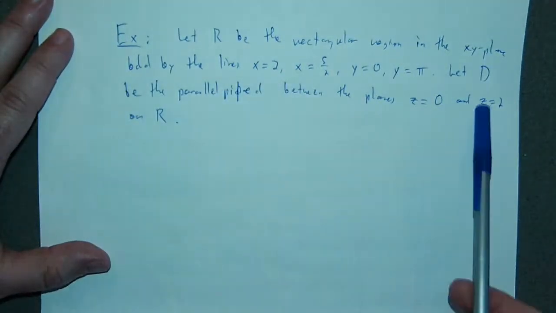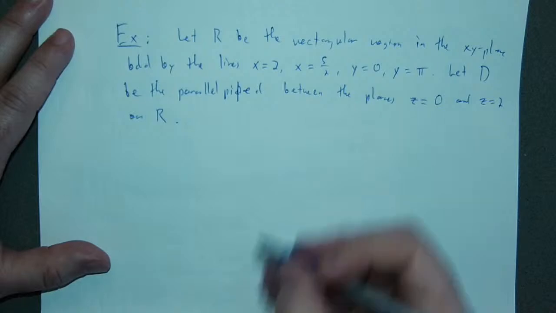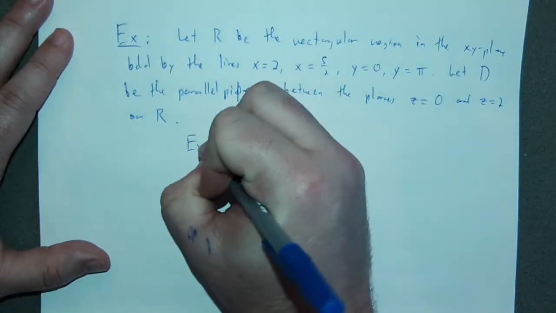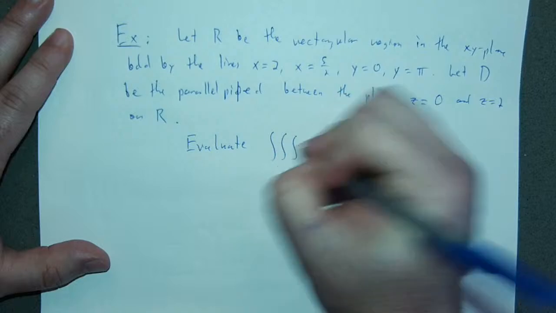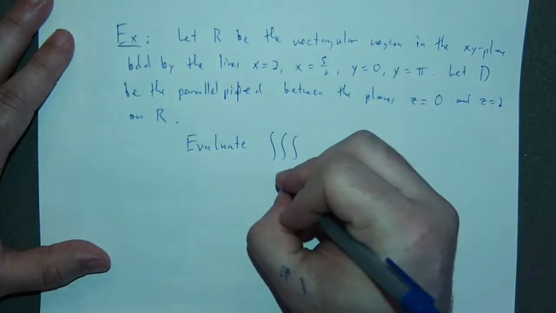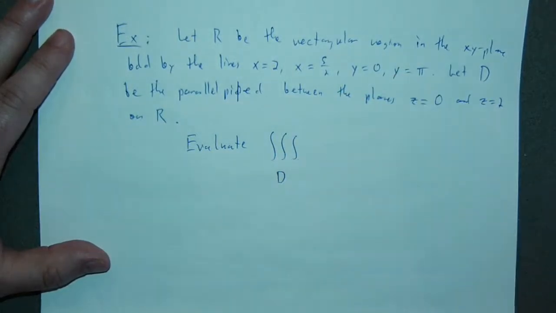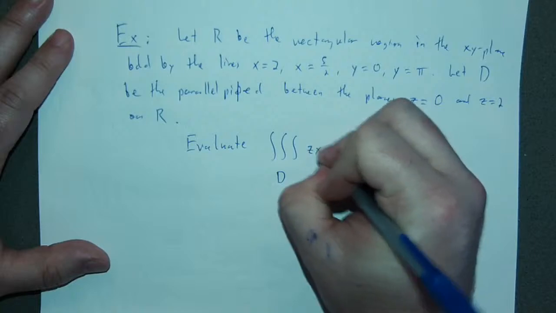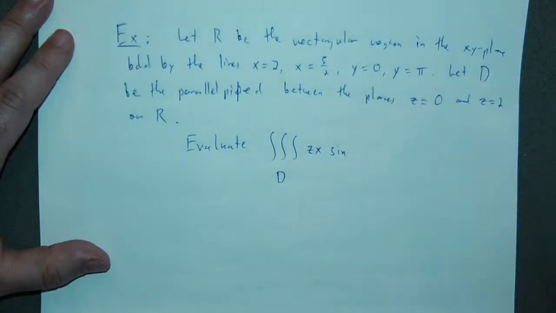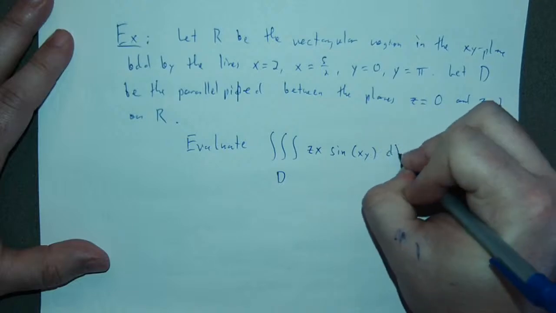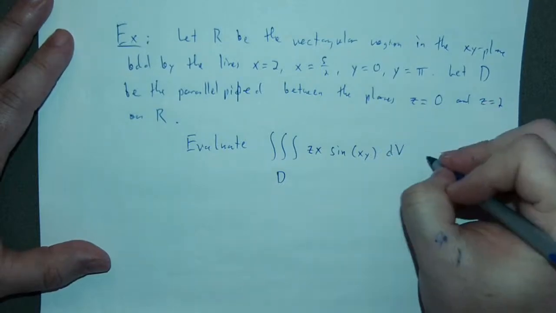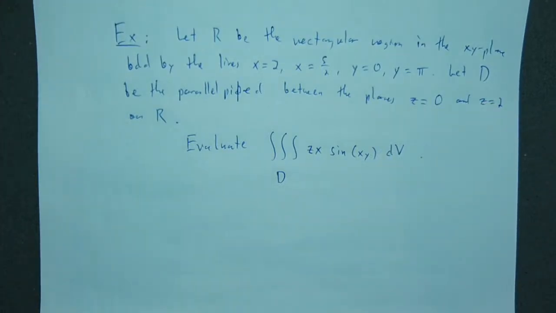Okay, so once we've nailed down what D is, then what I want to do is evaluate the triple integral over D of zx sine of xy dv. Now, here's a great time to go over advice that I always give when we talk about these things.